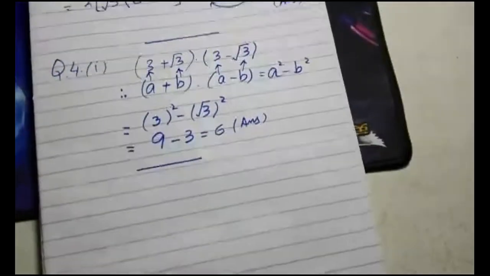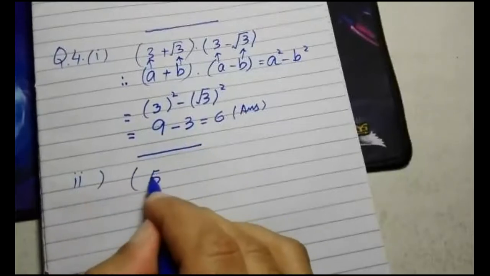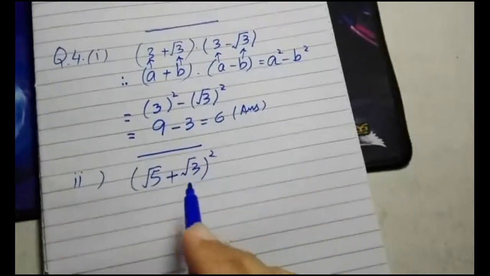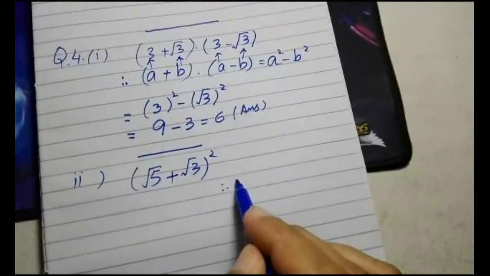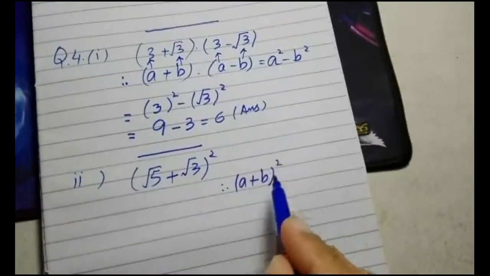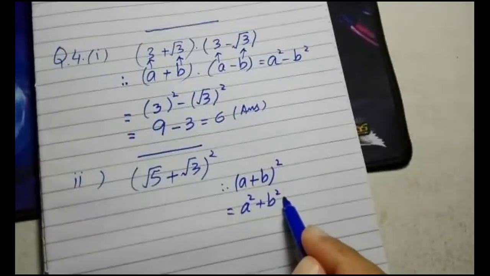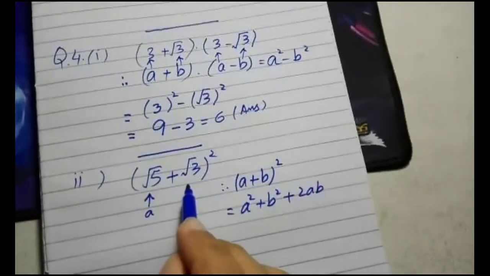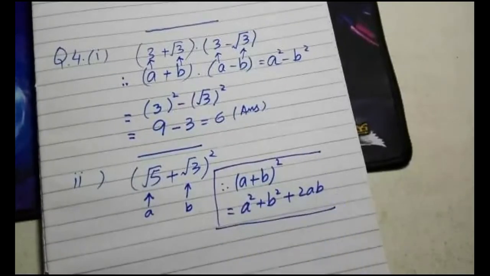So one more question. Second part, this is written as under root 5 plus under root 3, and then its expansion. And you can see that the expansion will be with respect to this one. That is a square plus b square plus 2ab. So if you take a as under root 5 and b as under root 3 and you use this formula, then what will you get?